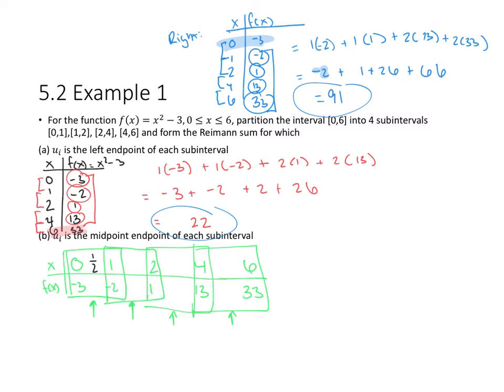And now I'm going to plug 1/2 into my function of x squared minus 3. And I get -2.75.